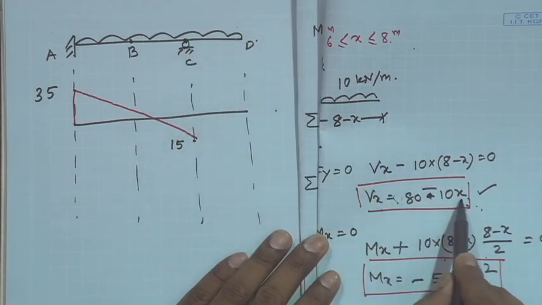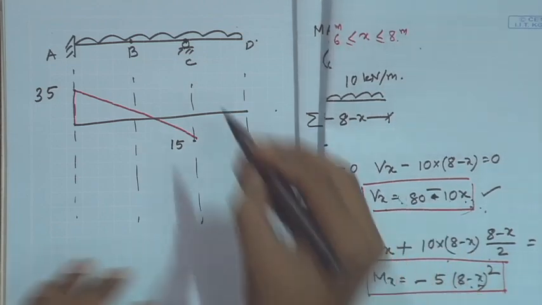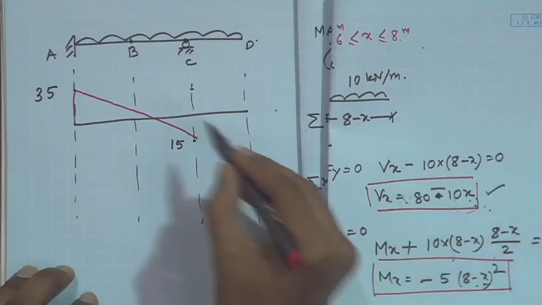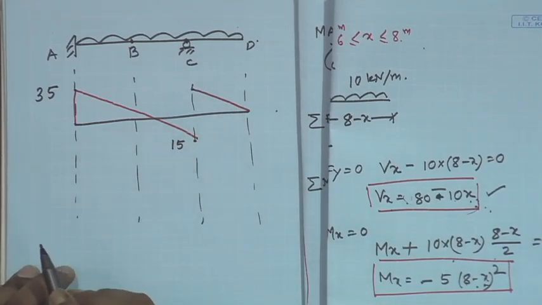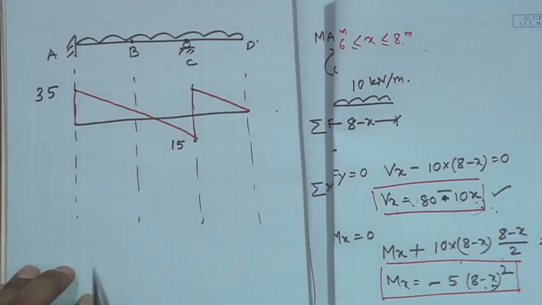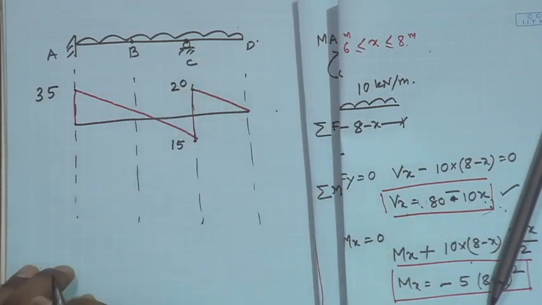Substitute x is equal to location at C, means 6, it becomes 80 minus 60, 20, and this is positive. So this is 20, and then again it decreases linearly. So this is your shear force diagram, and this value is 20.